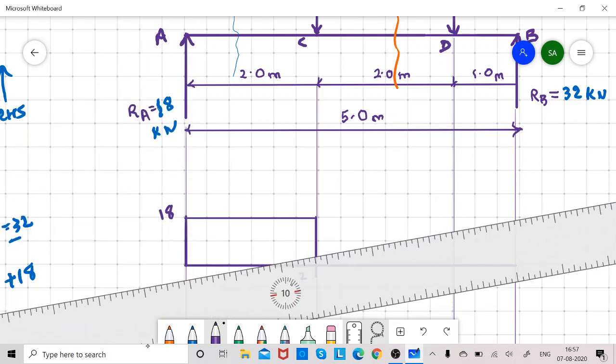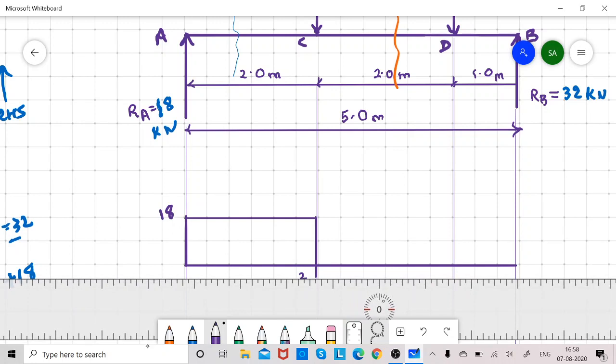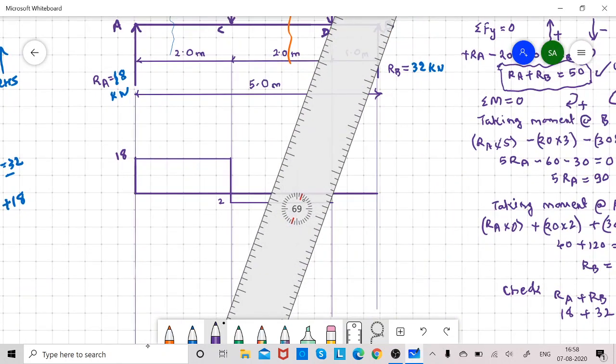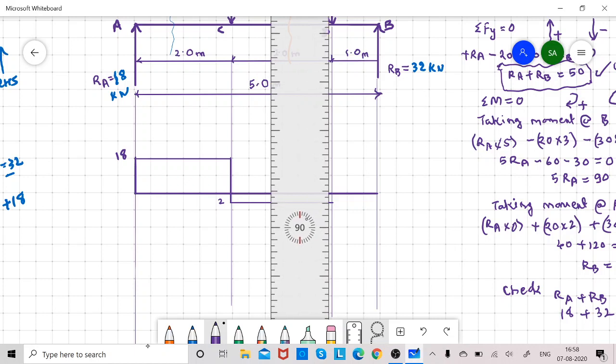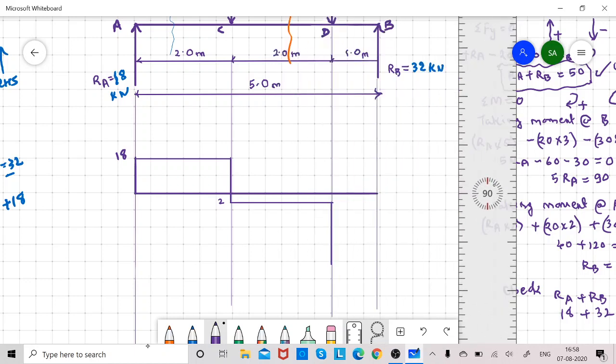Again from C to D, there is no change. So straight horizontal line from C to D. At D, there is a drop of 30 kilonewton. So minus 2 minus 30, it is minus 32.